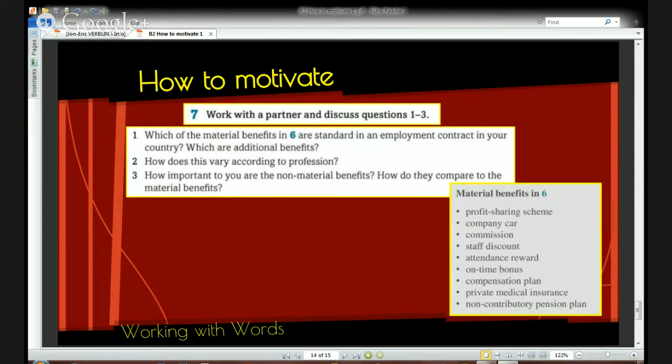Sorry, not commission, on-time bonus. But there is something about courses sometimes. If you can market some courses, you might get commission. Marketing how? You mean if you get students in? Yeah, students came through you or by you.